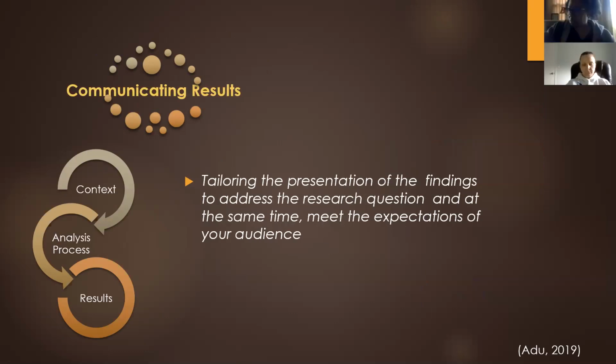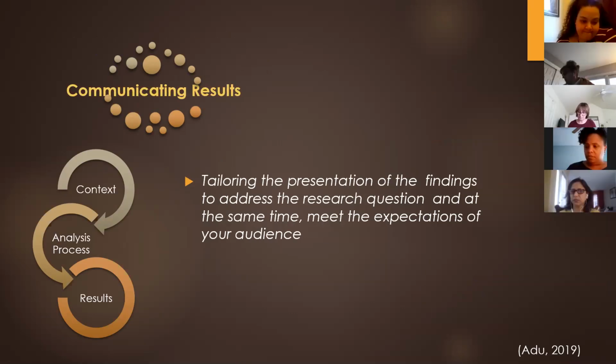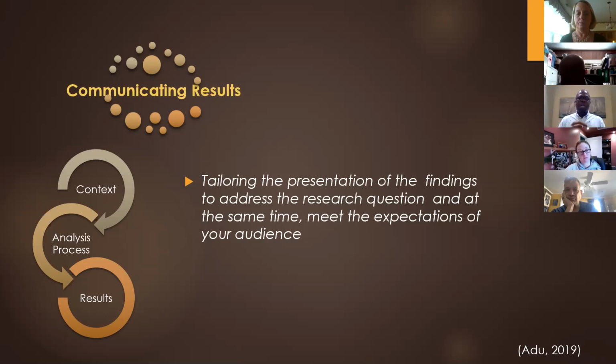People want to know how many participants, what the demographic information is, and any other background information that will help your audience better understand who you talked to and who you collected the information from. The next stage is to talk about the main data analysis process, the step-by-step process, which I'm going to show you later in my presentation. And the last stage is to present the themes based on the research question.